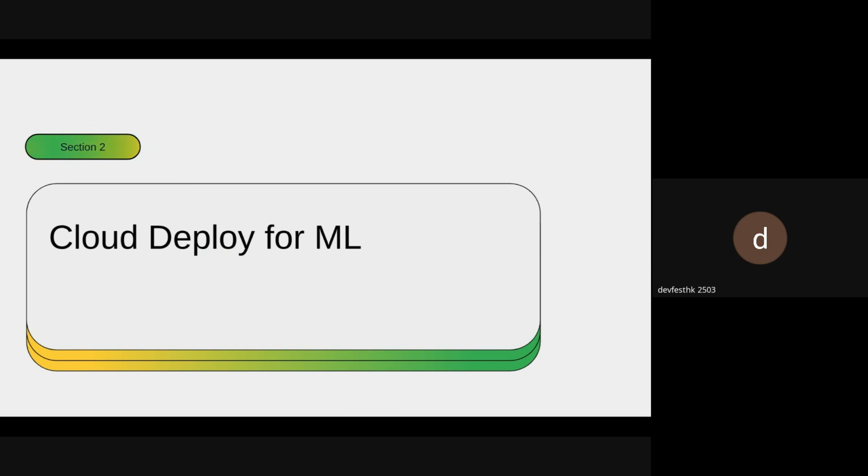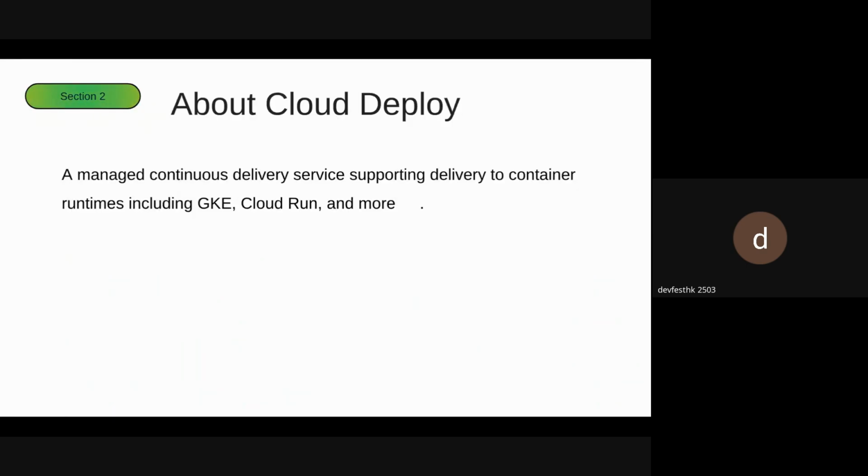Okay, now we're talking about Cloud Deploy. In GCP there are many services that start with Cloud. For example, Cloud Build to build the image. We have the model and a Dockerfile, the template to build the image.